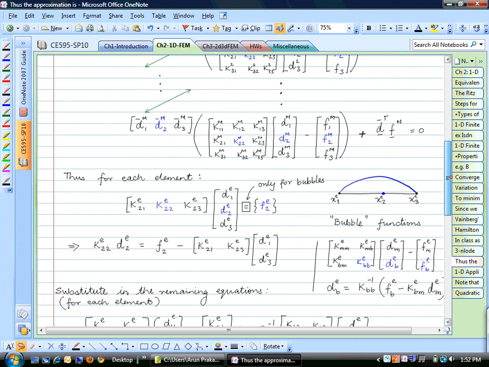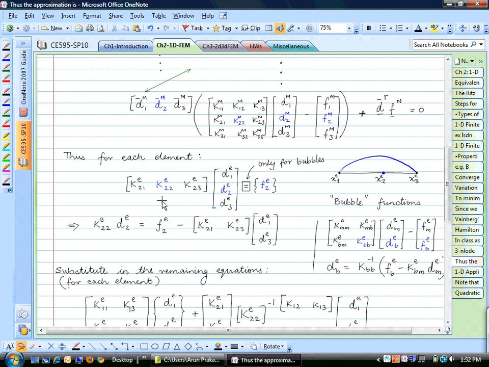And now if I try to calculate this degree of freedom 2 in terms of the other 2 degrees of freedom 1 and 3, then I can use something called static condensation. All I'm doing is taking the stiffness and the equation corresponding to this bubble shape function and expressing the solution of that in terms of the other two shape functions I had.